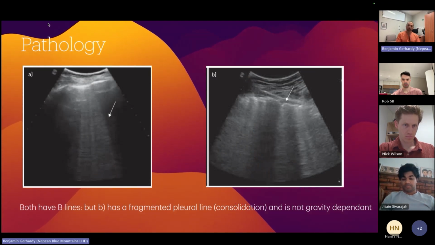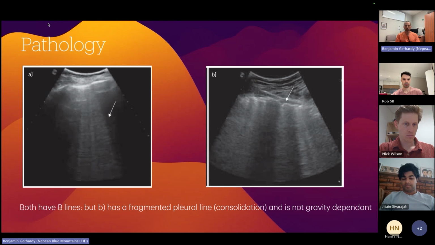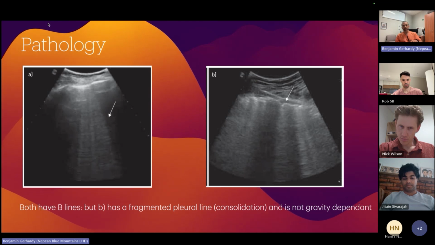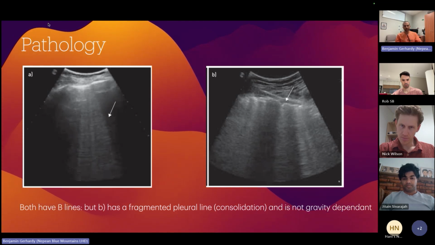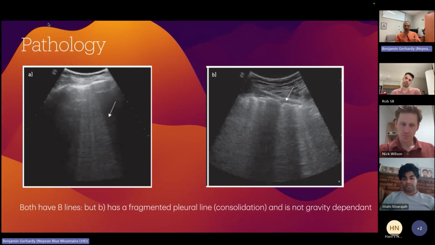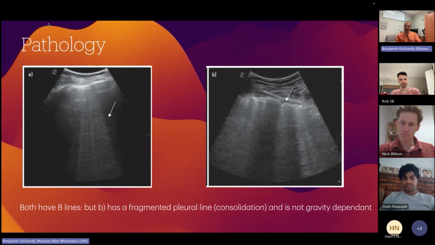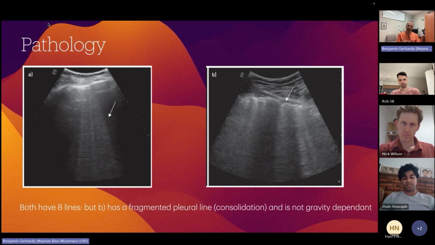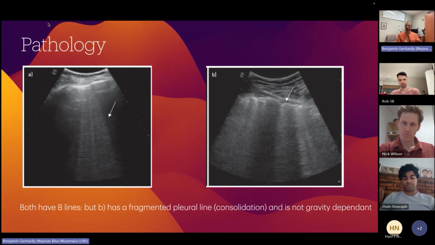This is an example of where there are extra features that can help you. On the left-hand image, you see the multiple B lines coming down from that pleural surface. They're coming down, getting wider as they go, and they're destroying anything that's underneath them, and they're going to the bottom of the sector, right? B lines. On the right-hand side, same thing, but you can see that pleural surface is ever so slightly irregular, like someone's taking little nibbles out of it from the outside world.